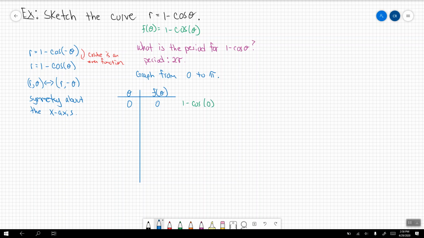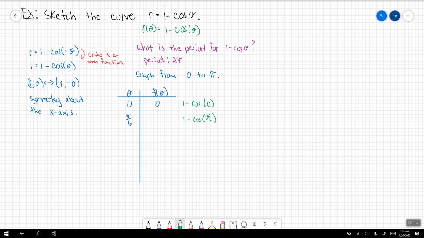All right, next one. What we could do is go to, let's say, pi over 6, in other words, 30 degrees. When we substitute in pi over 6, that's 1 minus cosine at pi over 6. Cosine at 30 degrees should be root 3 over 2.